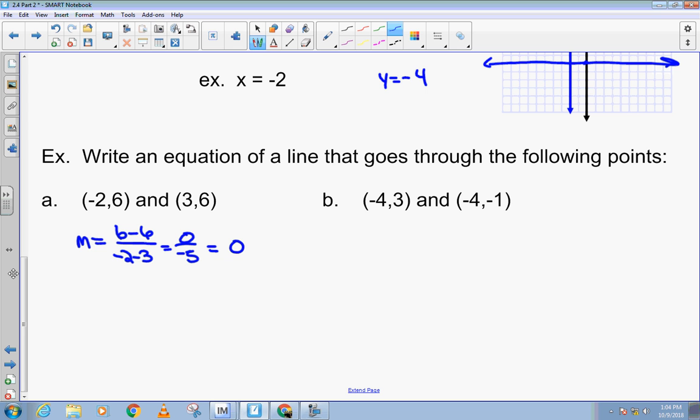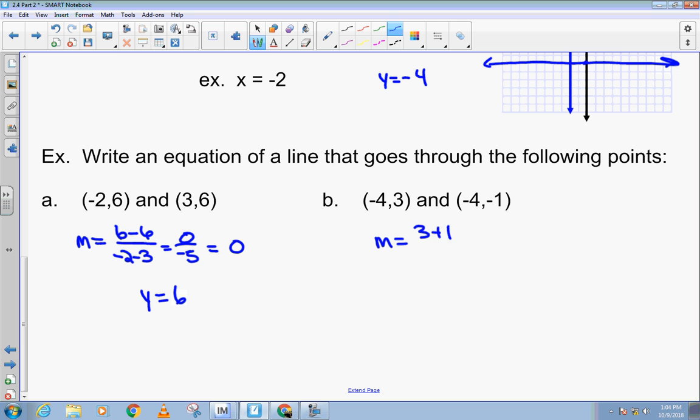Horizontal. So the equation of that is going to be y equals whatever the y is, and it's the same in both cases. So what's my equation? And if I graphed it, I would go to 6 on the y-axis and draw a horizontal line through it.